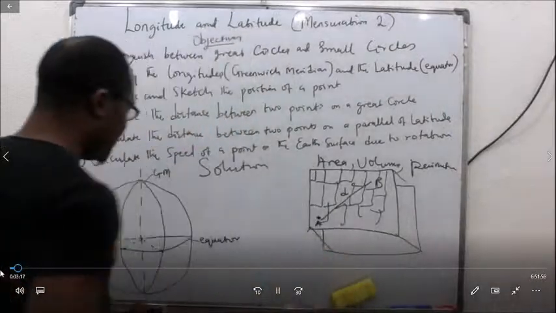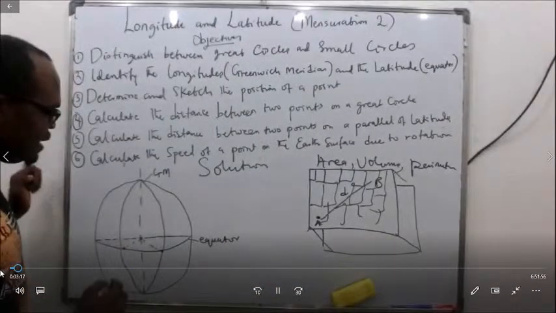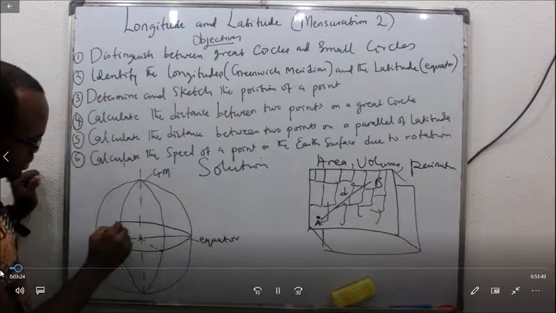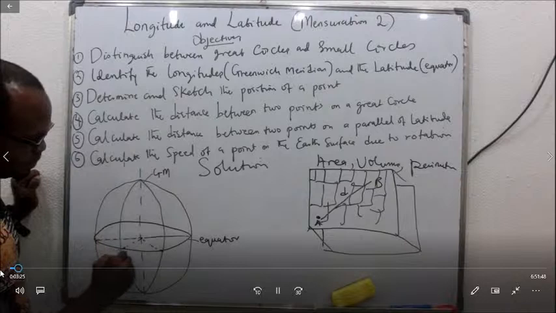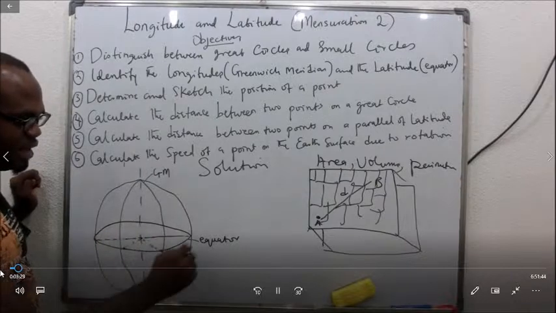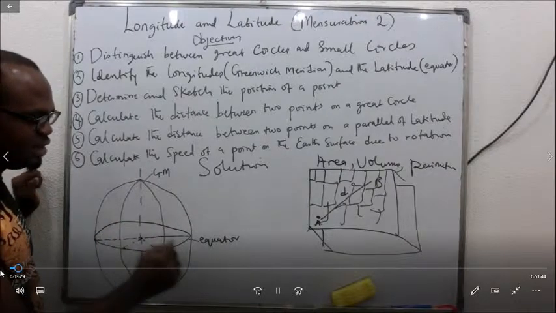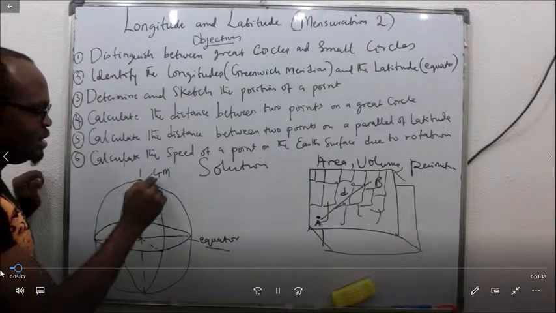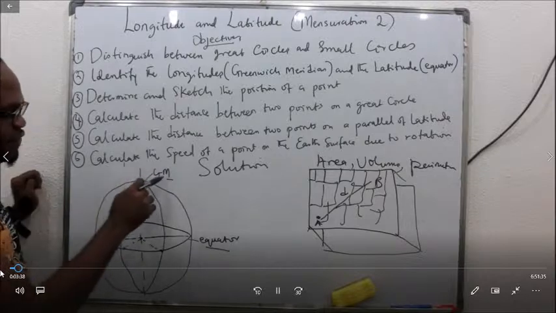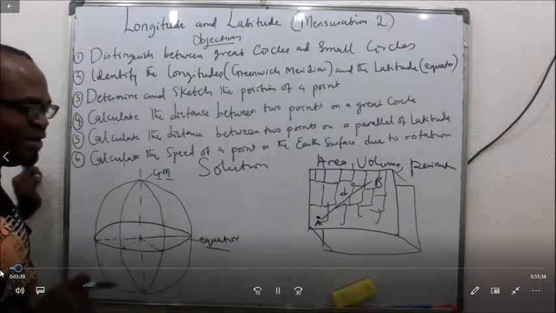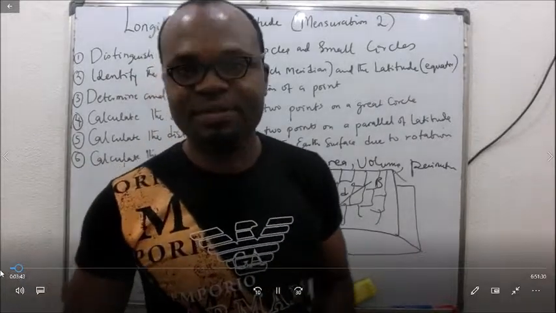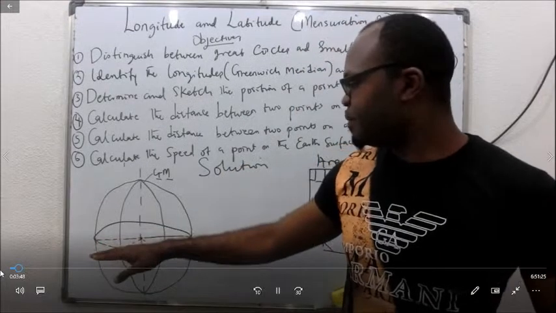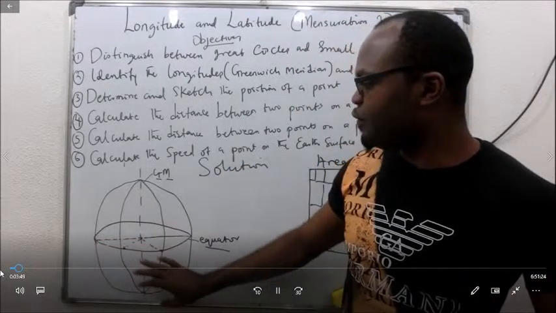So now when you look at the Earth, that circle at the middle of the Earth, the horizontal circle, is known as the equator, whereas the vertical circle is known as the Greenwich meridian. These two are very important, and they are known as great circles, because if you cut the Earth through this circle, you're going to find two equal parts.